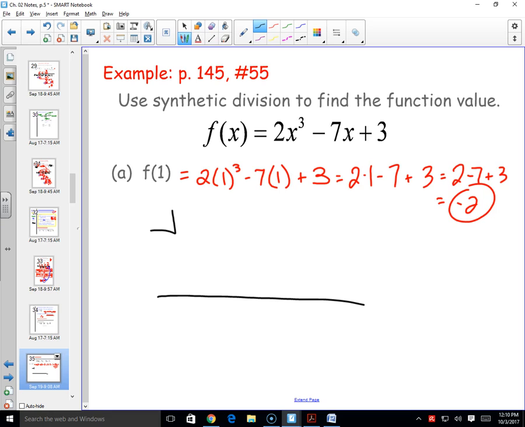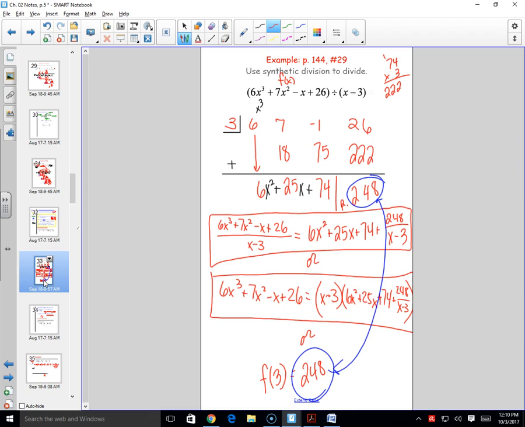So who goes in the box? Careful. Negative 2 is hopefully what ends up way over here in the remainder spot. 1. Why? Does that make sense? Back here, we plugged in 3 because 3 was the 0 of the factor that we were trying to divide by.